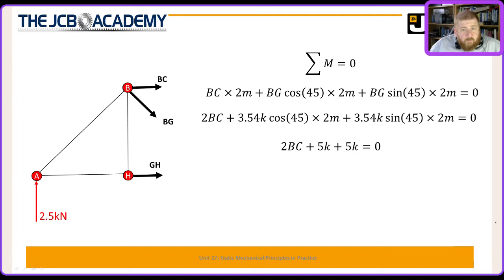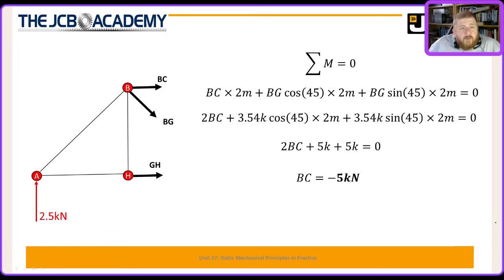And hopefully you're all very good at this. We're going to work out that BC is equal to minus 5 kilonewtons. Once again, matching very favourably with the force we got when we did the method of joints. So 2 of the forces we've checked are currently happy with their work.